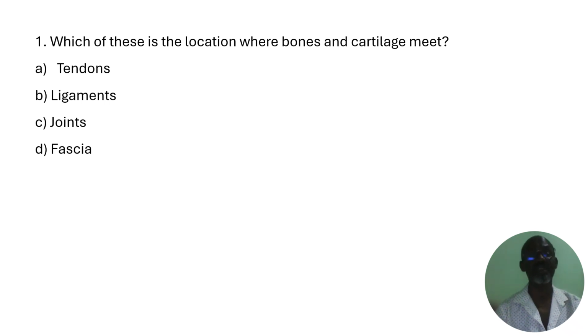Of course, you know that as joints, bones are covered with cartilage as a cushion or shock absorber, to reduce the effect of friction. Therefore, the location where bones and cartilage meet is at joints. The answer is C.